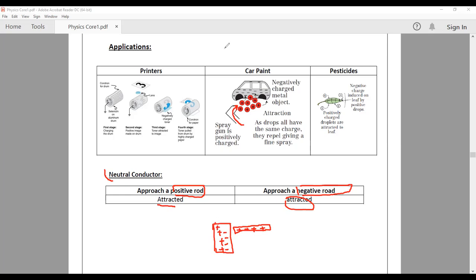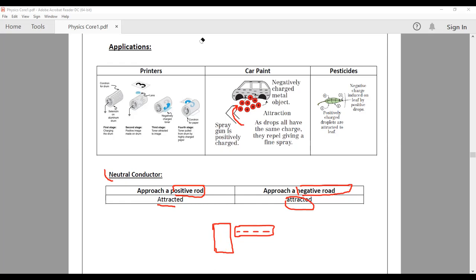So what if I removed this, and then applied another rod which is negatively charged? What will happen? What will occur is that there will be a redistribution of charge inside this substance.